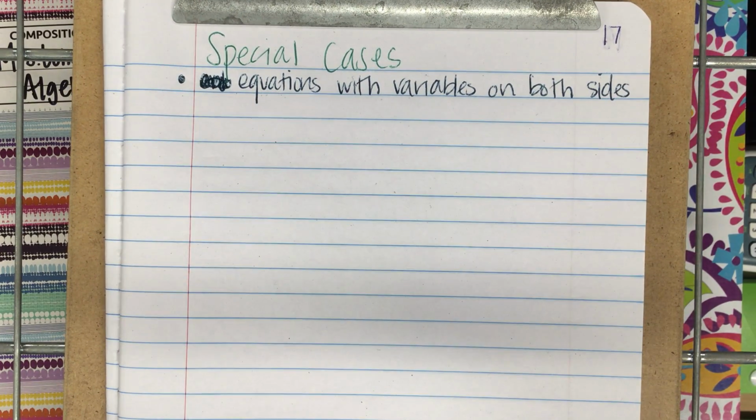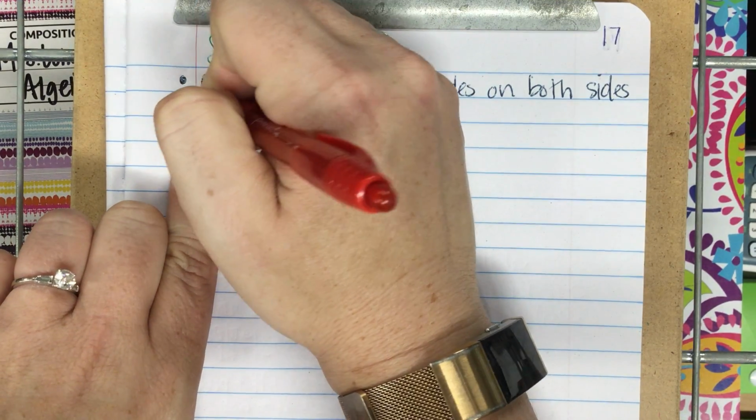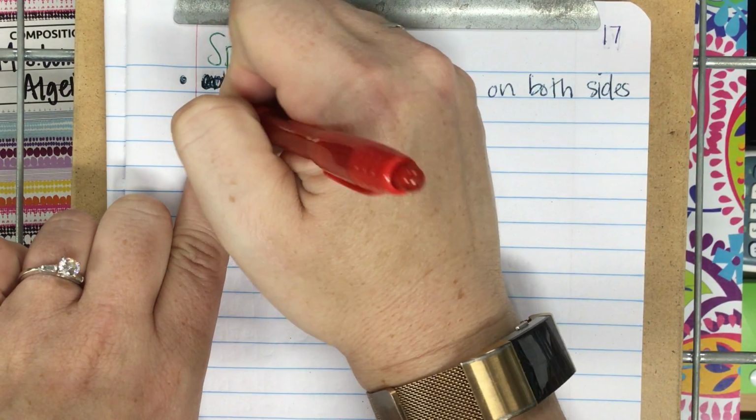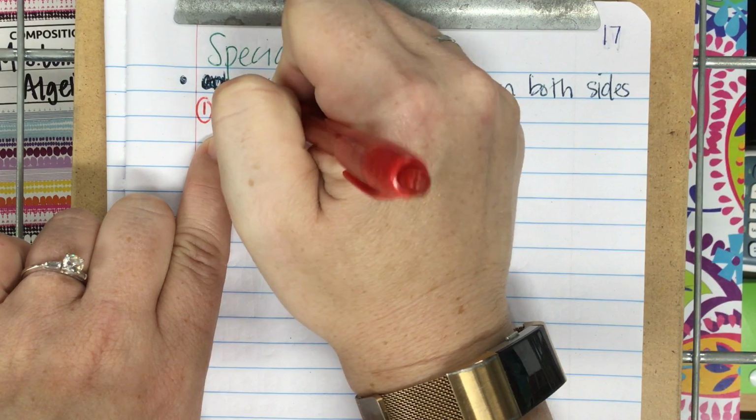Special cases are found in equations with variables on both sides. To solve these special cases, we still have multiple steps. We're still going to ask ourselves the question, do I need to distribute?